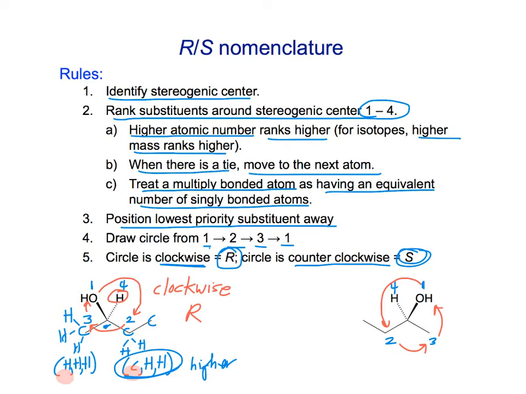We now have a rotation that is counterclockwise, and this is referred to as S. So R and S: when we have enantiomers, each enantiomer will have exactly opposite chiral centers.